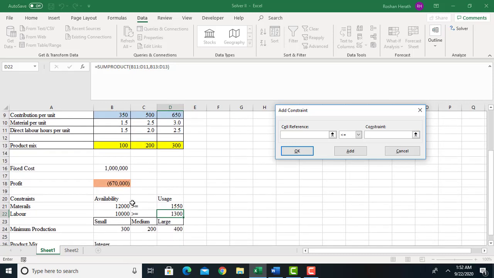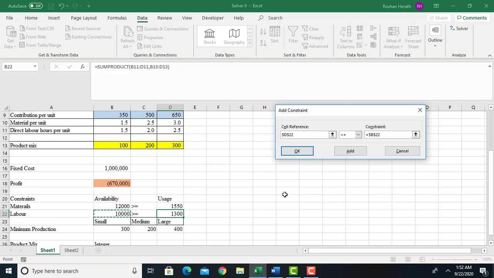The first constraint I might take is material. In the case of material, the usage must be lower than or equal to the availability. Similarly, for the labor, the usage must be lower than or equal to the availability.